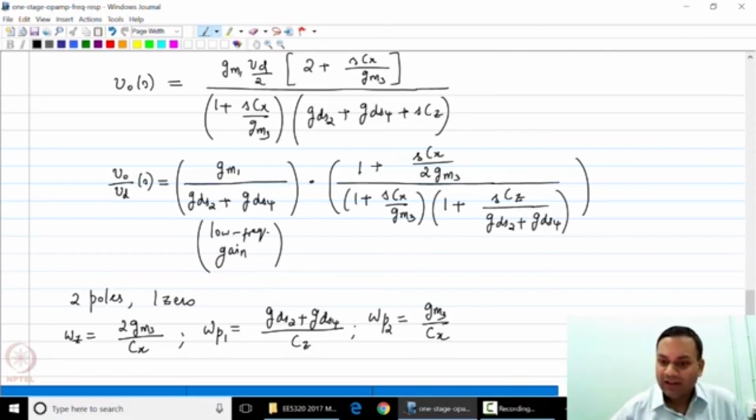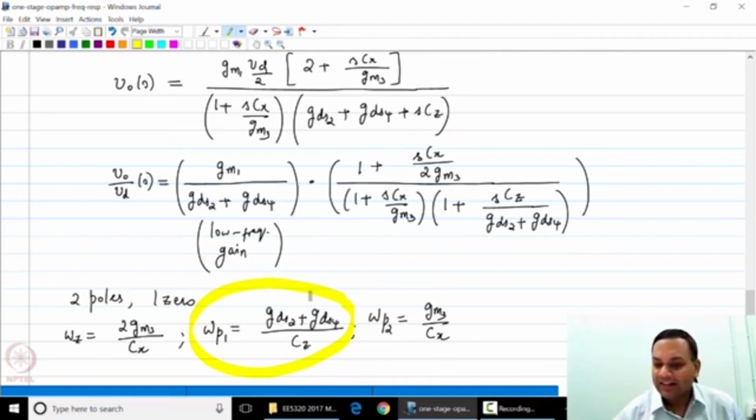So first of all, you can see that GDS2 plus GDS4 is the smallest quantity, and therefore this pole is the smallest pole, and therefore this is going to be the dominant pole of the system. Now you can see that that dominant pole depends on the output conductance. GDS2 plus GDS4 is the overall output conductance of the system over the total capacitance at Z, which is the sum of the device capacitance and the load capacitance.